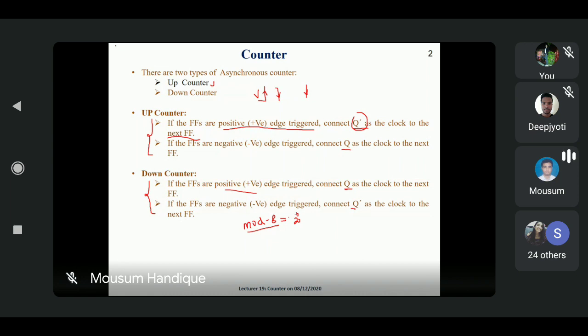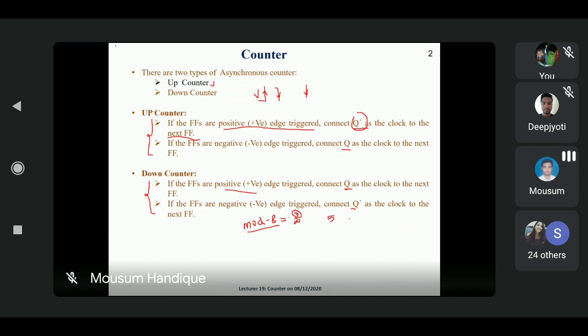When we are implementing the mod 8 counter, maybe it is an asynchronous counter or a synchronous counter. Suppose we are using an asynchronous mod 8 counter, how many flip-flops are required? 3 flip-flops are required, because 8 means 2 to the power 3. Suppose we are using the mod 5 counter.